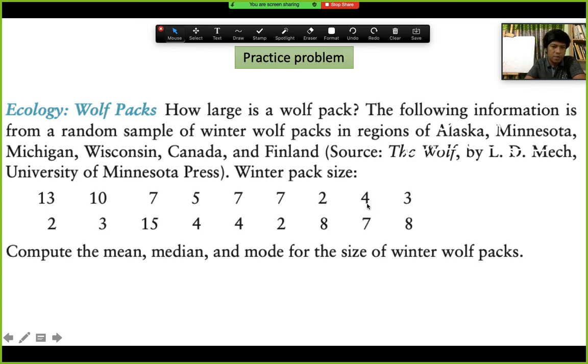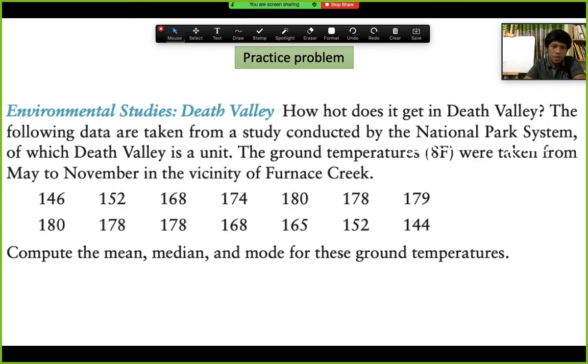These are some practice problems. We'll try to compute the mean, median, and mode for these data sets. Try to do this, or we can solve them during the class time. This is another example of a data set, an environmental study, Death Valley, related to temperature. We'll have to do the calculations for mean, median, and mode for the ground temperature in the given data.